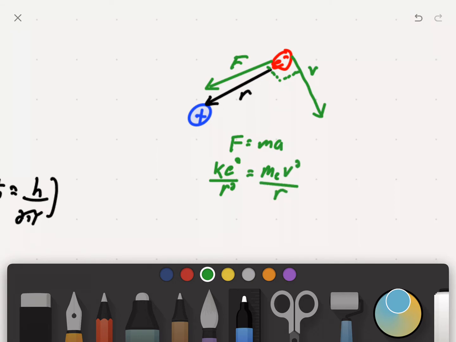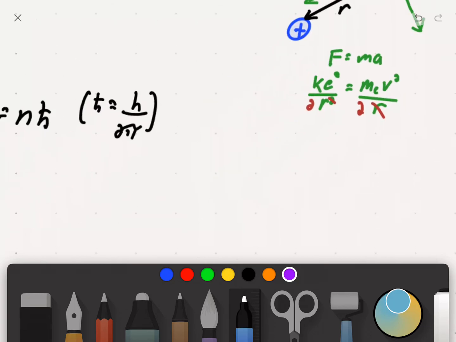With this, we have something we can put in for our kinetic energy. If we divide both sides by 2, we can make some simple cancellations in our kinetic energy formula.